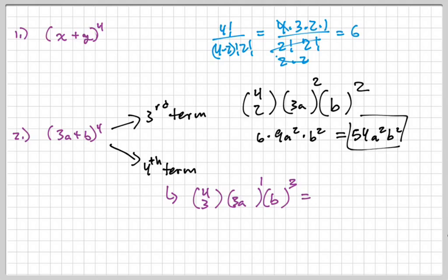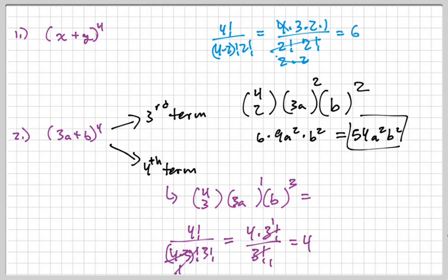Now, we got to go 4 choose 3. That'd be 4 factorial over 4 minus 3 factorial, and then 3 factorial. 4 minus 3 is just a 1, and 1 factorial doesn't do anything, so it gets ignored. On the top, I go 4 times 3 factorial over 3 factorial. What is 3 factorial divided by 3 factorial? 1. So we're left with 4.